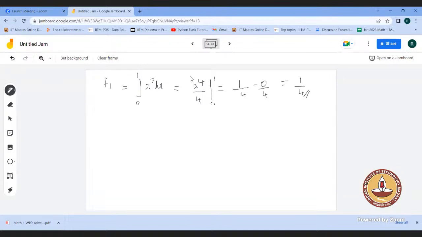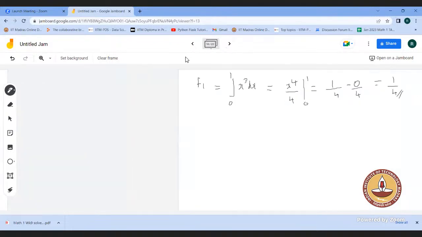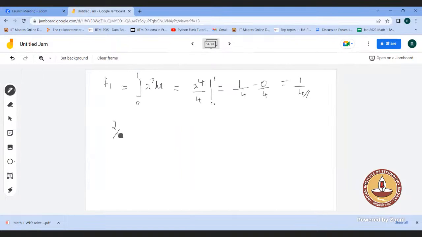Now this we got as 2 by 3 and this is 1 by 4, so we have to subtract. So this will be 2 by 3 minus 1 by 4. Taking the LCM, 8 minus 3 by 12, which is 5 by 12.